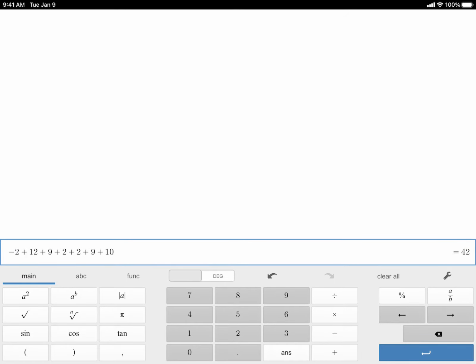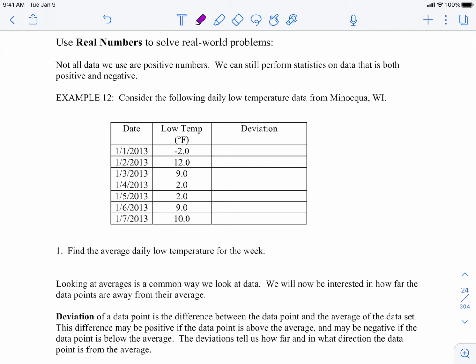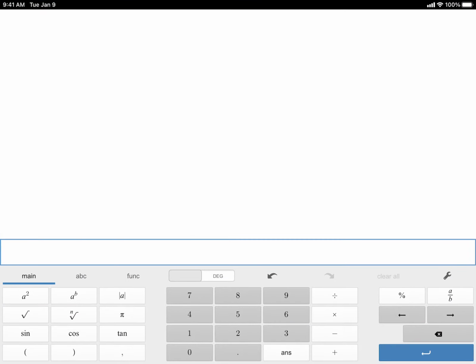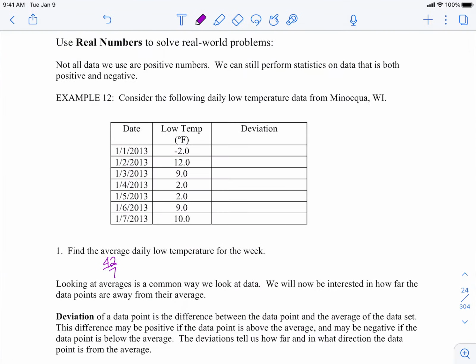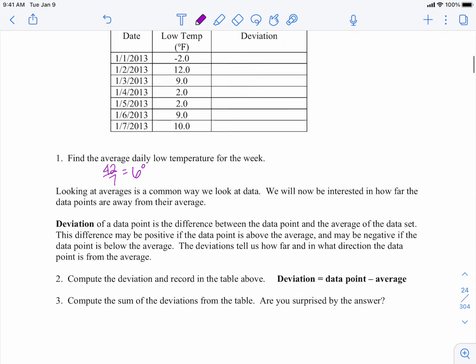So that's 42 for us. And I want to divide by the total. There's 7 of those total. So 42 divided by 7, we can see is 6. So it's 6 degrees. Looking at averages is a common way we look at data.